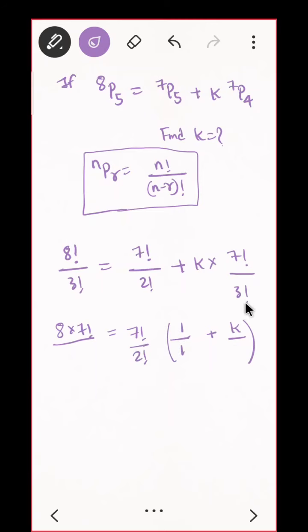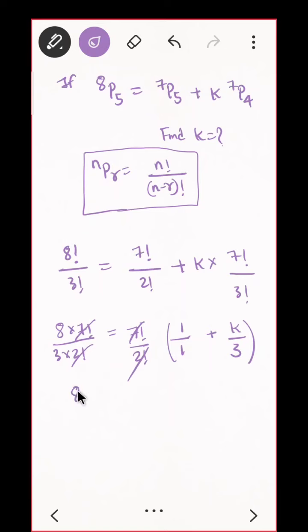Here it is 3 factorial, I can break it as 3 into 2 factorial. So it will be just 3. Do you agree? And here I will just write it as 3 into 2 factorial. Do you see? This term gets cancelled with this. Correct?